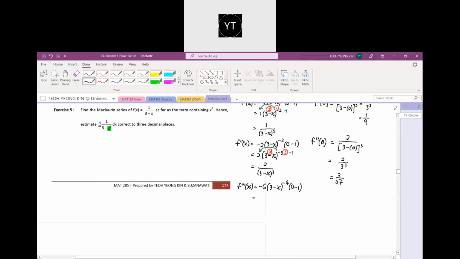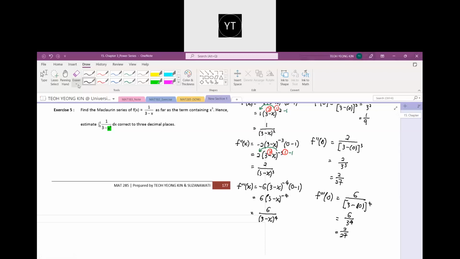So negative 6 times negative 1 is positive 6. (3 minus x) to the power of negative 4, or in the form of 6 over (3 minus x) to the power of 4. Again, substitute the value of 0. I should get 6 over (3 minus 0) to the power of 4. So 6 over 3 to the power of 4, where 3 to the power of 4 is 81.